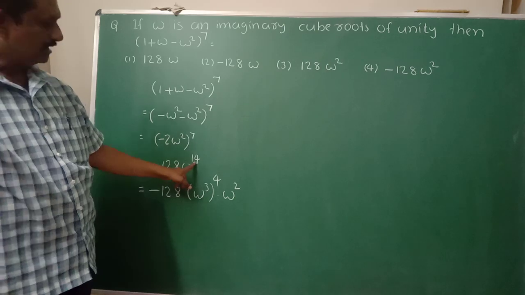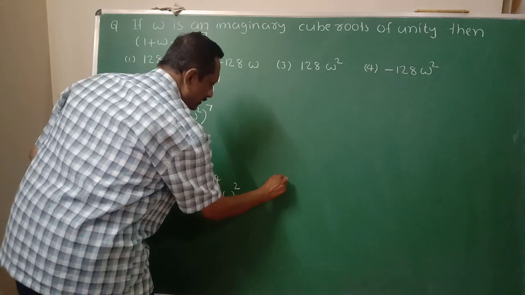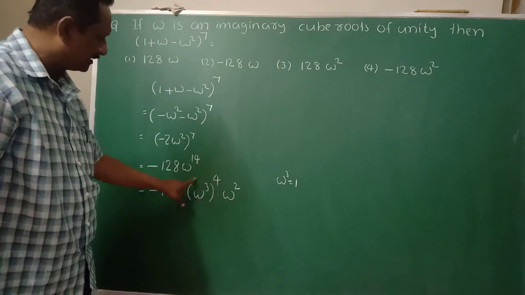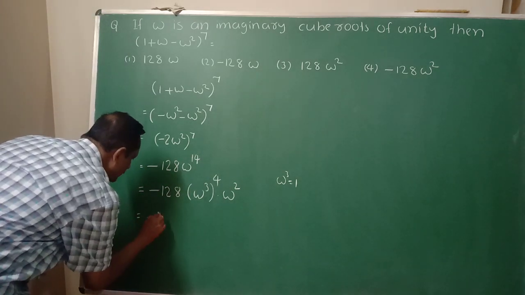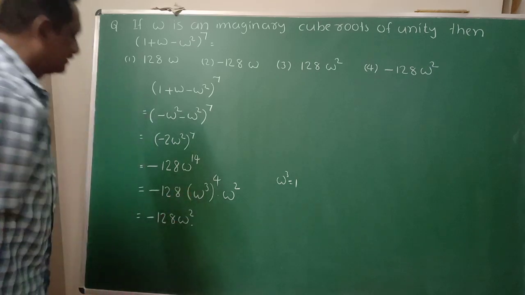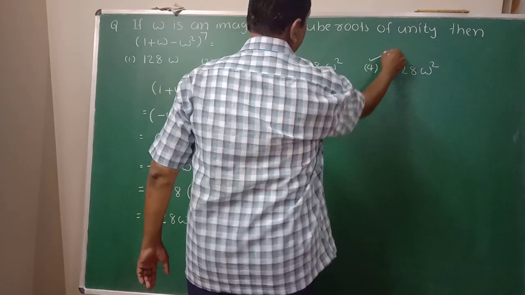You are using the laws of indices here. And you also know that omega cube is 1, so this becomes 1. Therefore this is equal to minus 128 into omega square, so minus 128 omega square. The fourth option is correct.